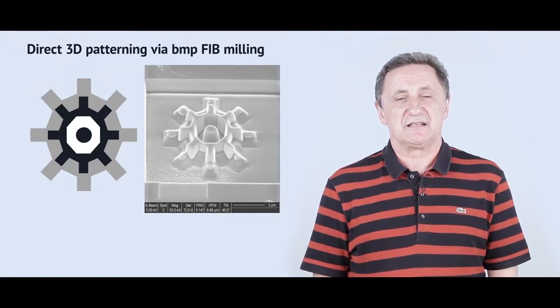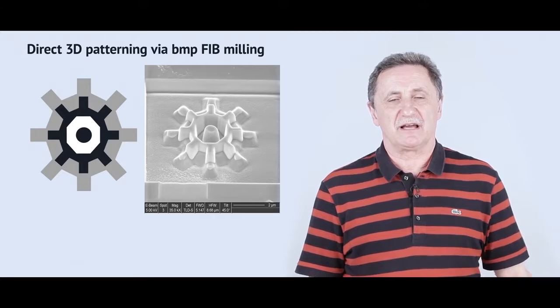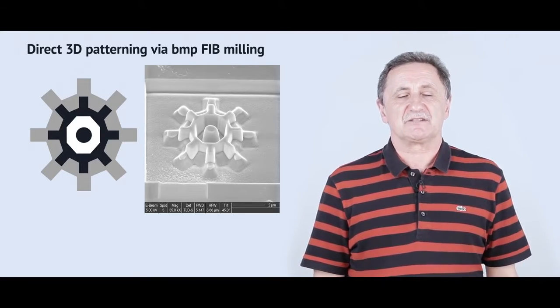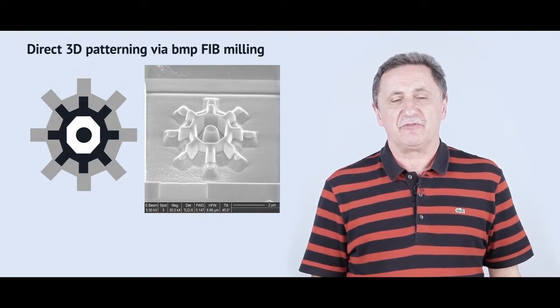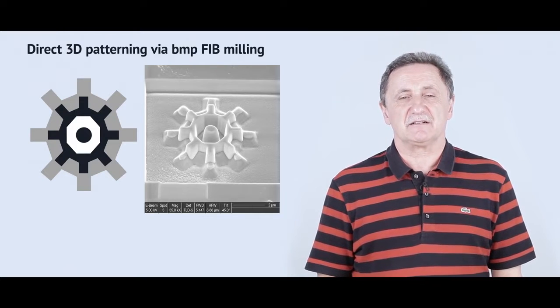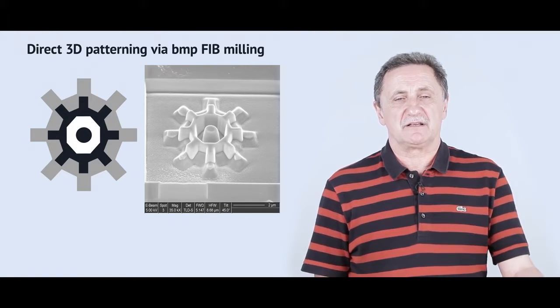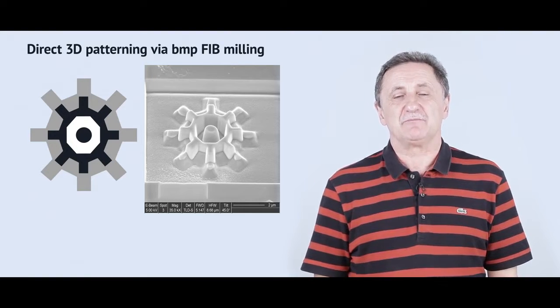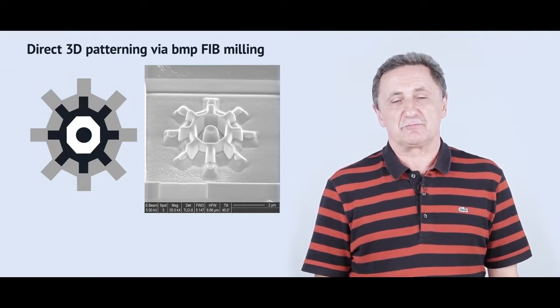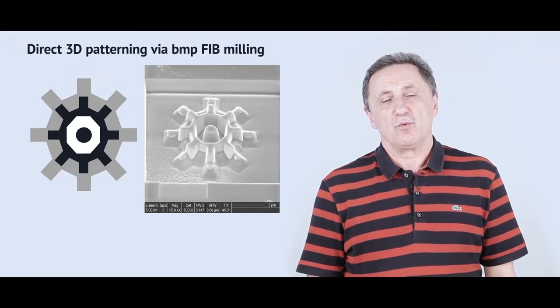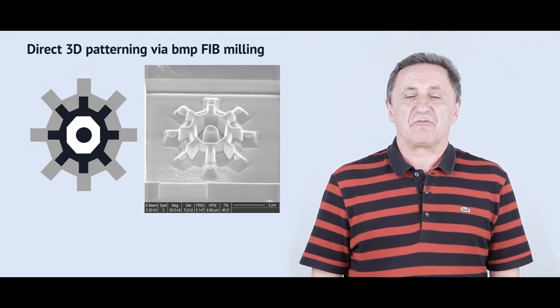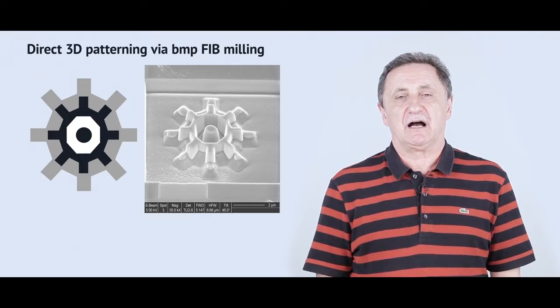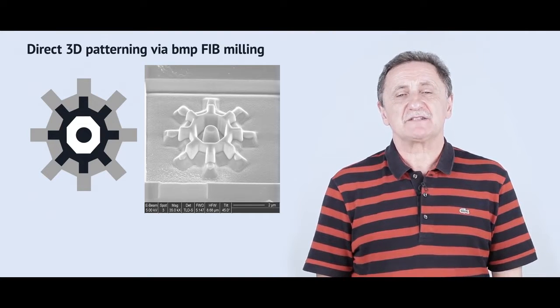You design your article, shown on the left, where the color is responsible for the height of each feature, and then you incorporate this design inside the software tool of the focused ion beam. Then the ion beam, with precision less than 1 nanometer, will fabricate this type of article on the surface of your sample.